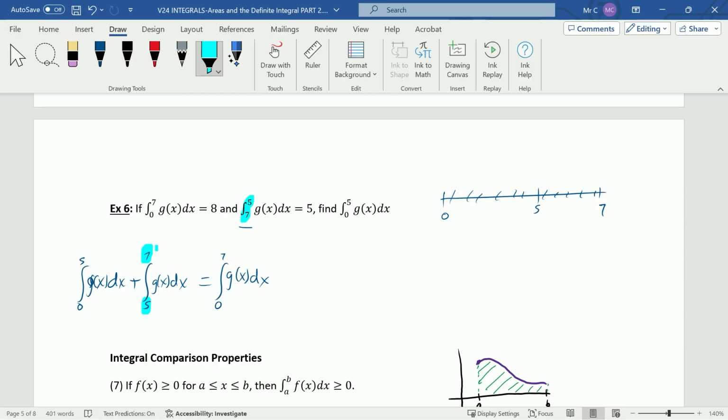Well, how do I fix that? Well, I can just flip that integral over and say the integral from 0 to 5 of g of x dx minus the integral from 7 to 5 of g of x dx is the integral from 0 to 7 of g of x dx.